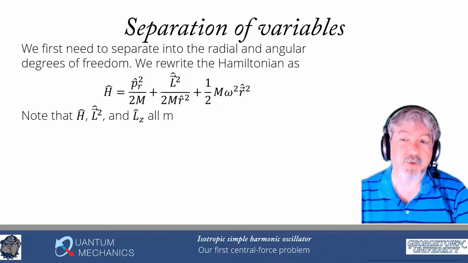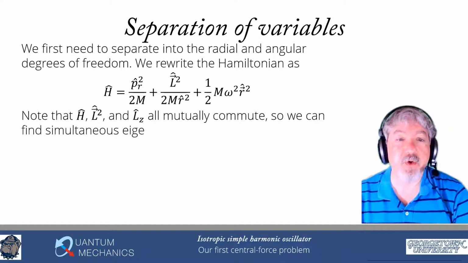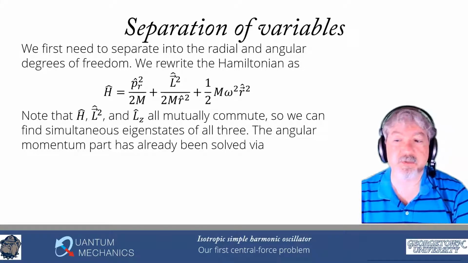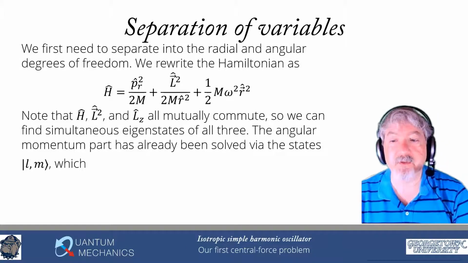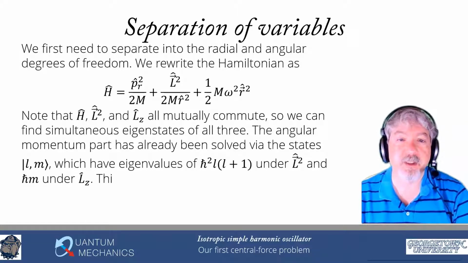Now, when we think in terms of quantum numbers, the Hamiltonian, the total square of angular momentum, and Lz all commute. This occurs because, as we remember, the radial momentum really just depends on the radius and has nothing to do with the angles, so it commutes with the angular momentum.